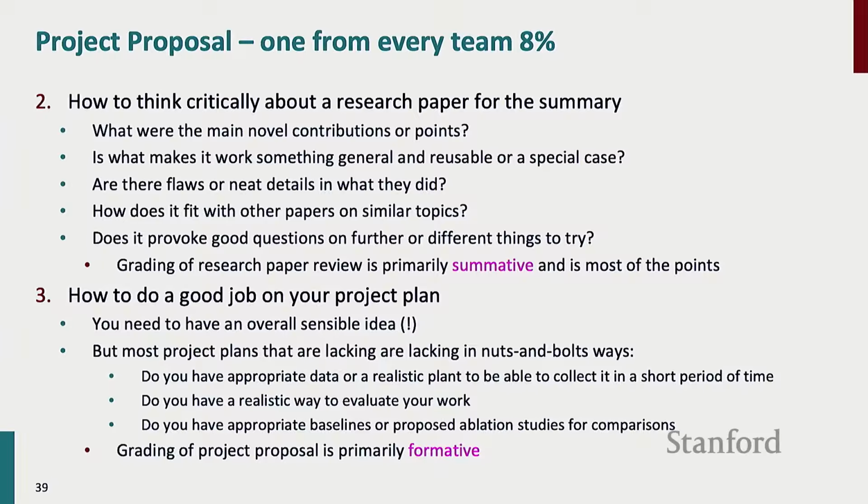Is it something that you could use for different kinds of problems in different ways, or was it really exploiting a trick of one data set? Are there things that it seemed like they missed or could have done differently, or you weren't convinced were done properly? Is it similar or distinctive to other papers that are dealing with the same topic? Does it suggest perhaps something that you could try that extends beyond the paper?